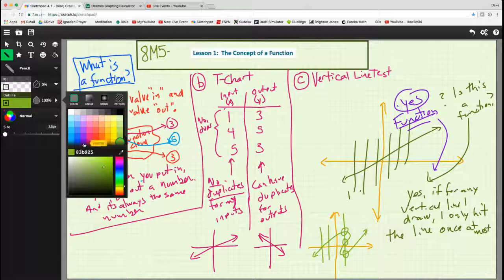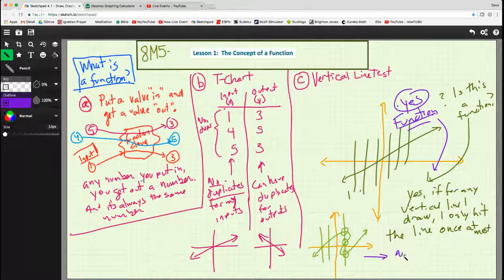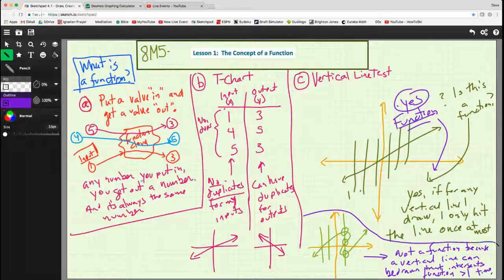So this is not a function because a vertical line can be drawn that intersects the function more than one time. Right? Greater than one, more than one time. So this here is no.